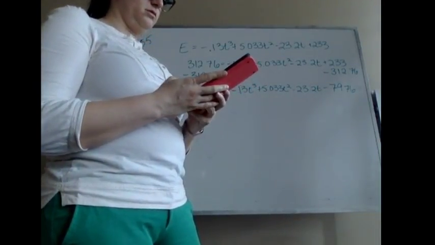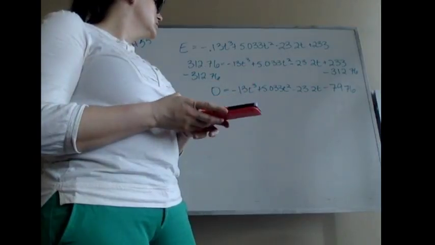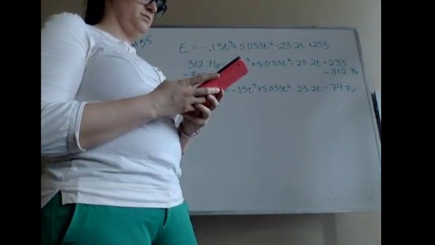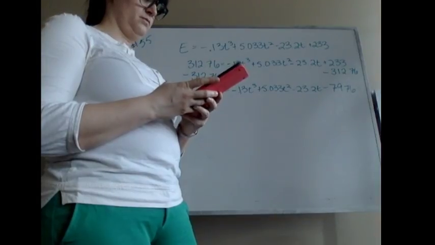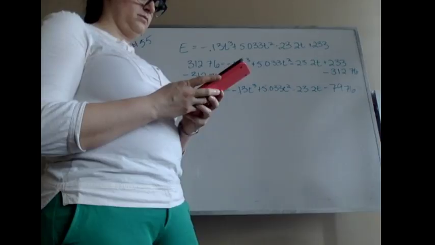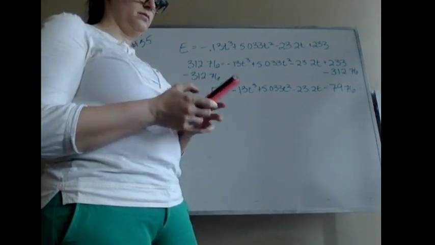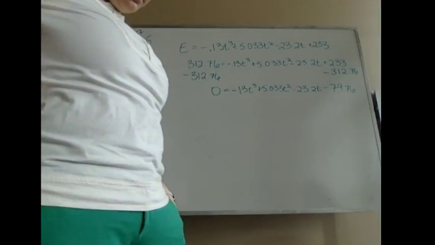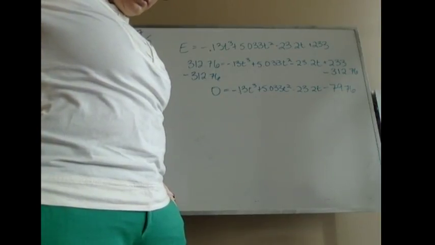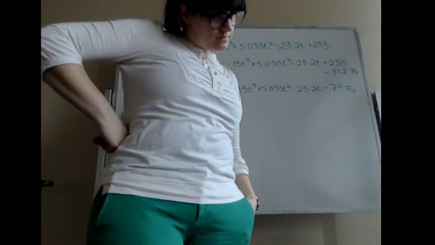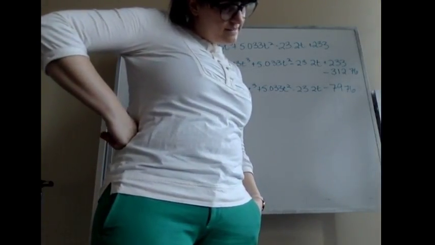So let's see. Negative 42.57, negative 2.33, 6.184. That's what I got for the zeros.